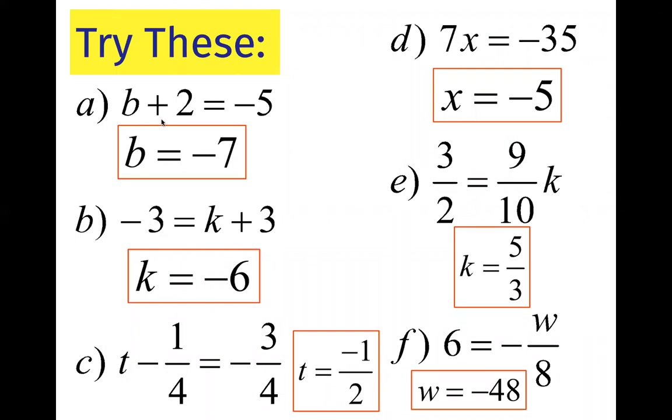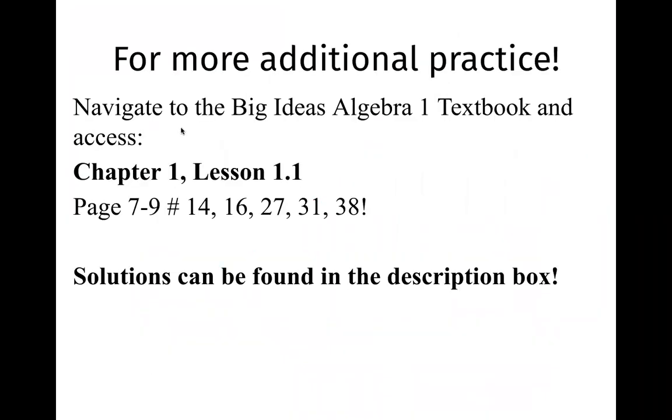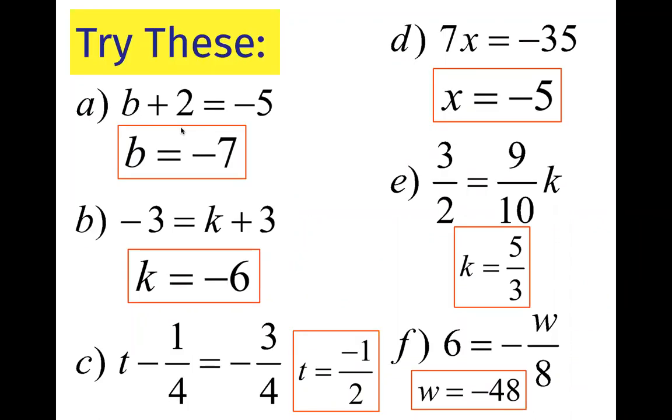So the first one is b plus 2 equals -5. The addition of 2 is keeping b from being isolated, so I'm going to subtract 2 from both sides. If you do that, -5 minus 2 equals -7.